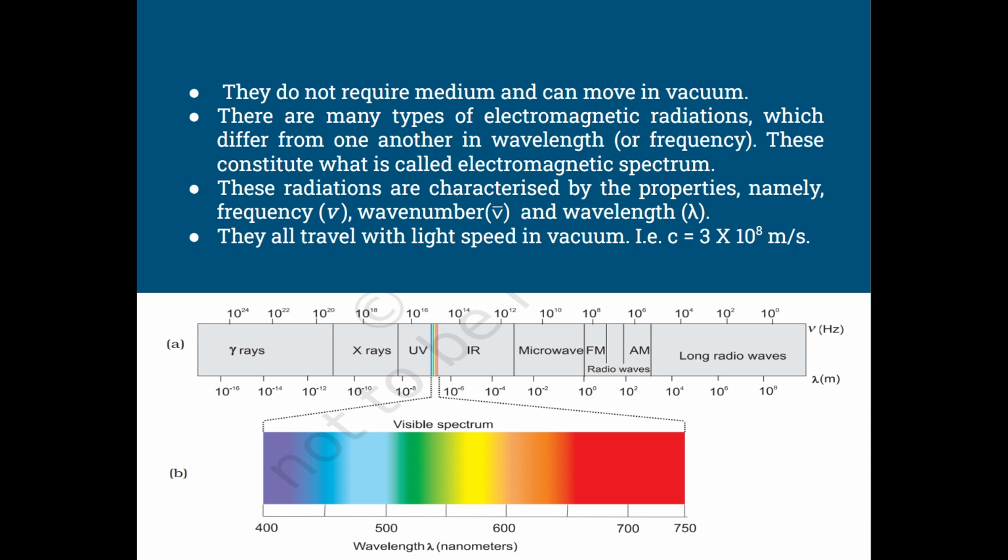I will explain this again in the next few slides. But if we look at this figure, as we move across this table, the wavelength is increasing and the frequency is decreasing.